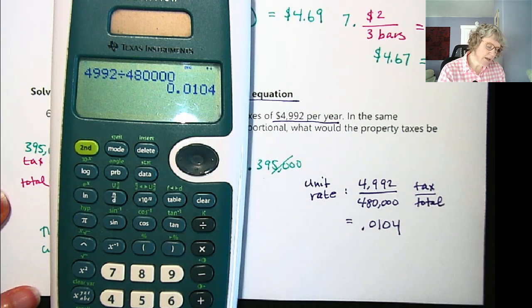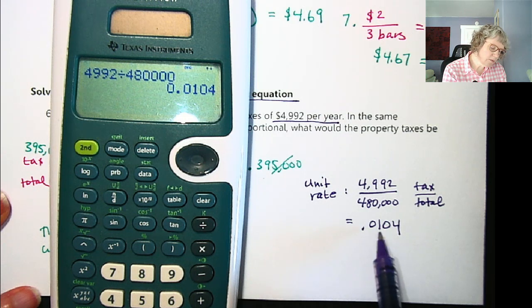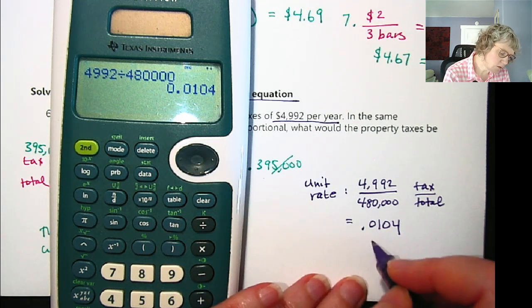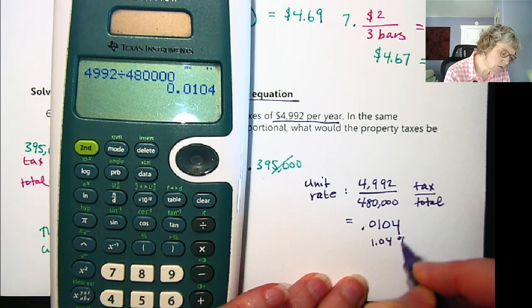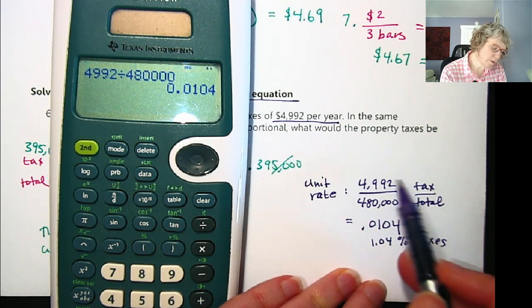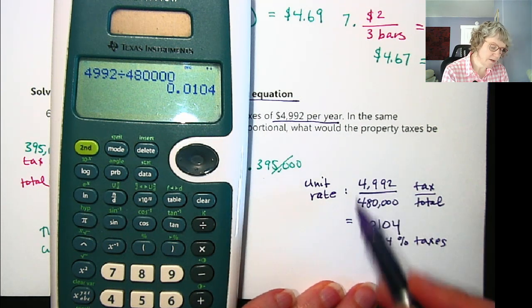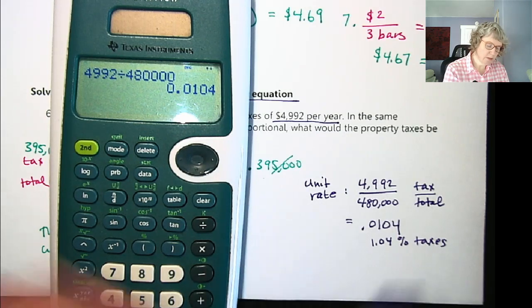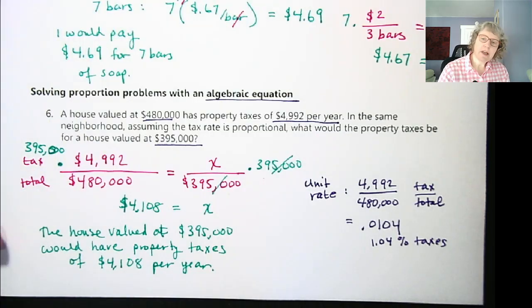Okay, this is money, right? So actually this is a percentage. It's like 1.04% in taxes, because I just remembered that they're both money. So the money has canceled out, and this is a percentage that you're paying in taxes.